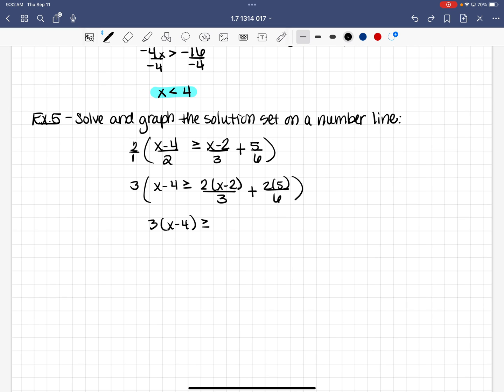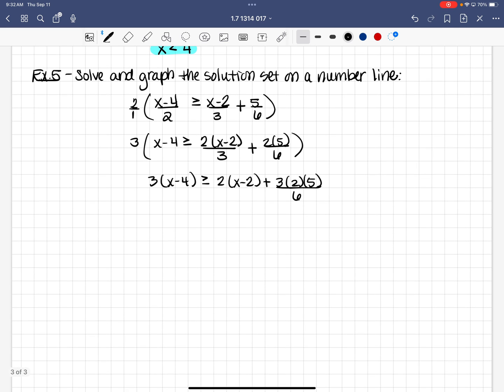So now I've got 2 times x minus 2. Woohoo! Gotten rid of 2 of them. Plus 3 times 2 times 5 all over 6.